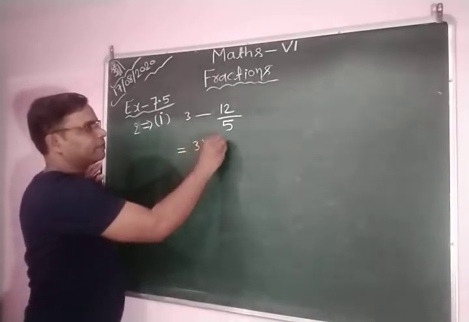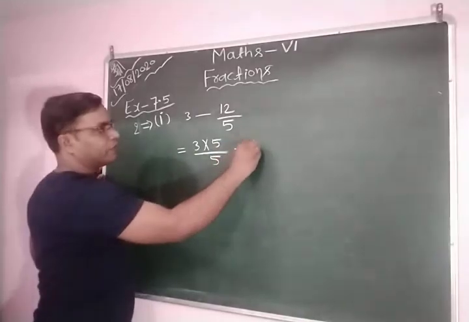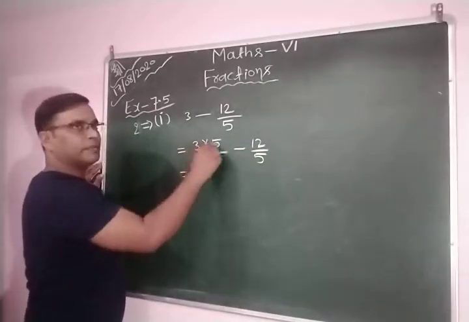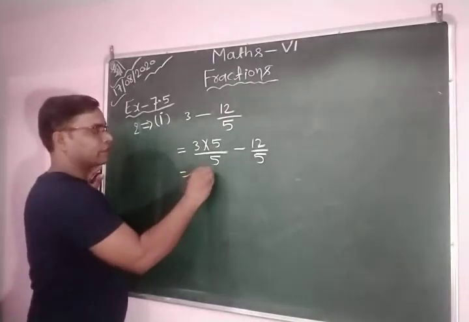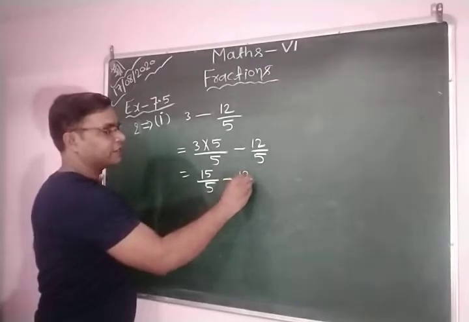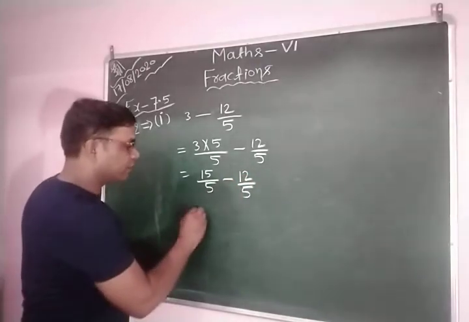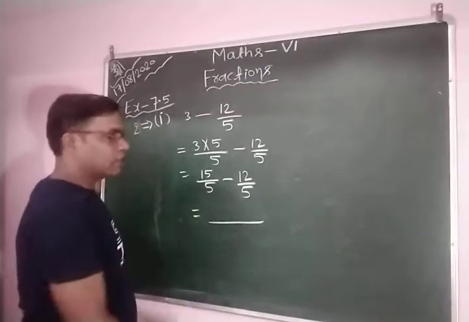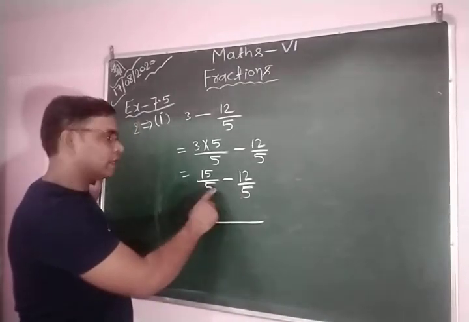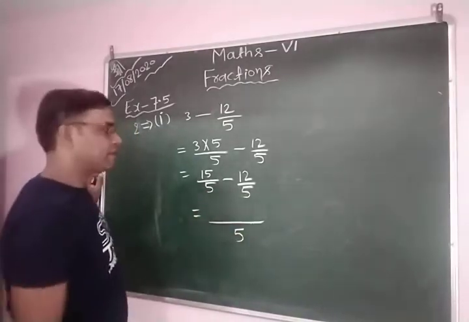So you can write it as 3 into 5 by 5, minus 12 by 5. So 5 3s are 15 by 5 minus 12 by 5. Here the denominator in both fractions is 5, so we write 5.